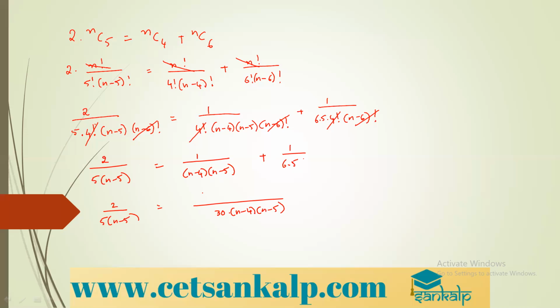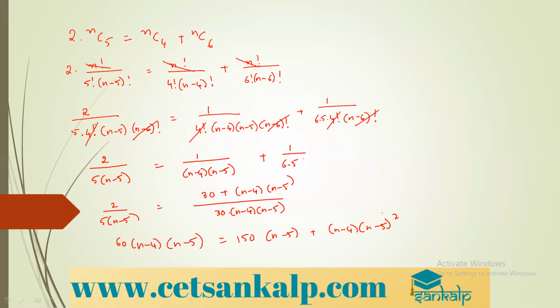So that I can write numerator as 30 plus (n minus 4) into (n minus 5). Now my work is just to simplify. So I will have 60 into (n minus 4) into (n minus 5) equal to 150 into (n minus 5) plus (n minus 4) into (n minus 5) whole square.